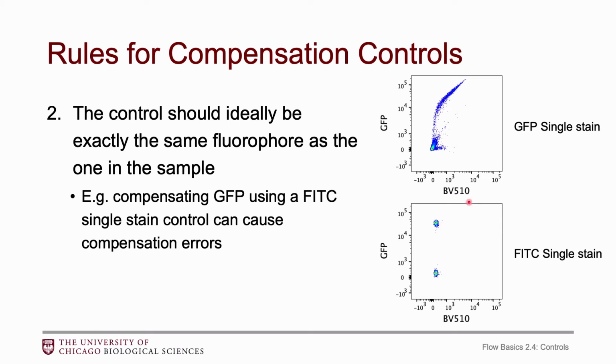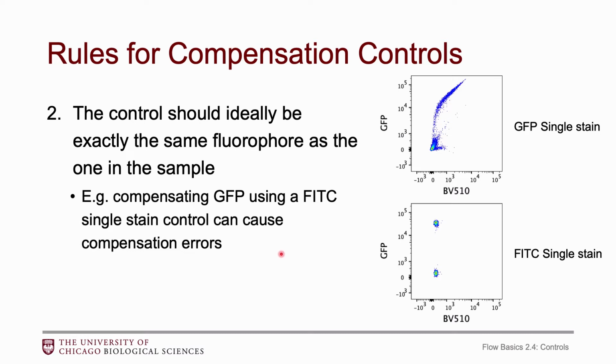Rule number 2 is that your control needs to have exactly the same fluorophore as the one in the sample. So hopefully you will just use the exact same antibody that you stained your sample with to stain your single stain controls. However, there are people that decide for whatever reason to not follow this rule, and they end up with issues.